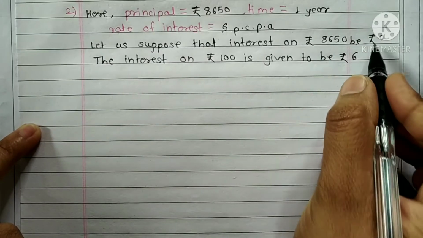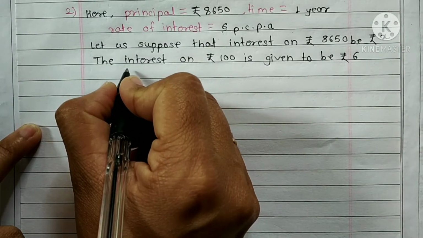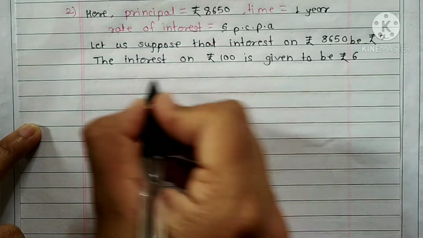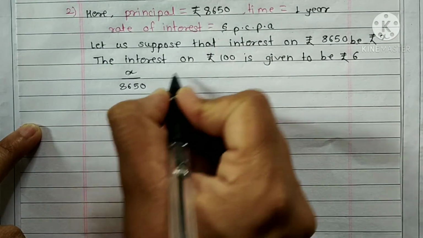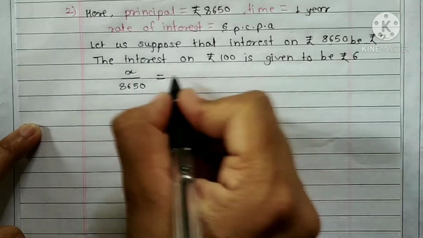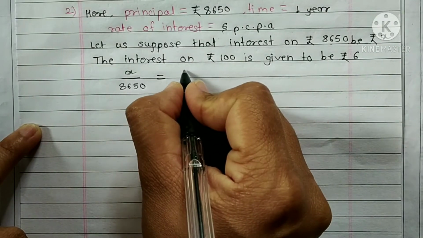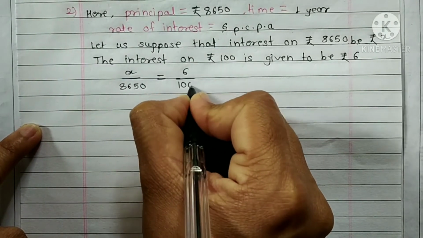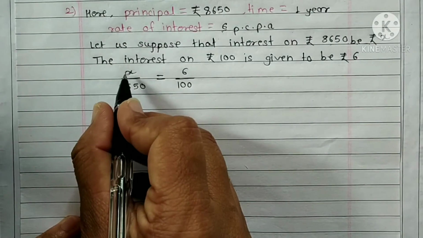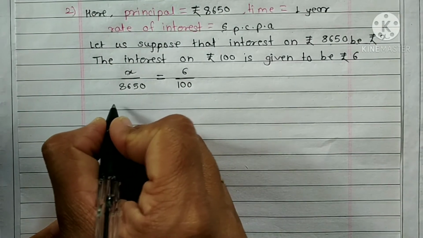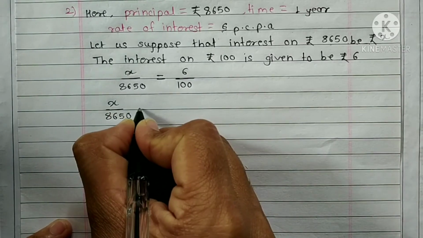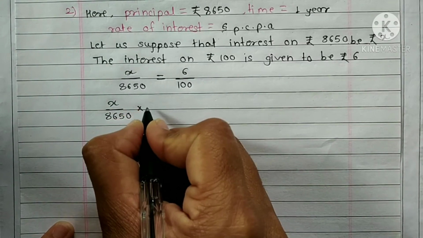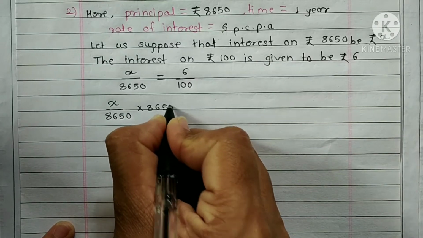Here interest on rupees 8650 be x. So here write down x upon 8650 equal to interest on rupees 100 is 6 upon 100. Now we have to find the value of x. So to find value of x, multiply both sides by 8650.